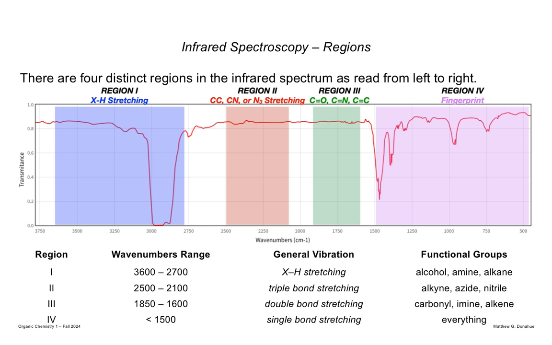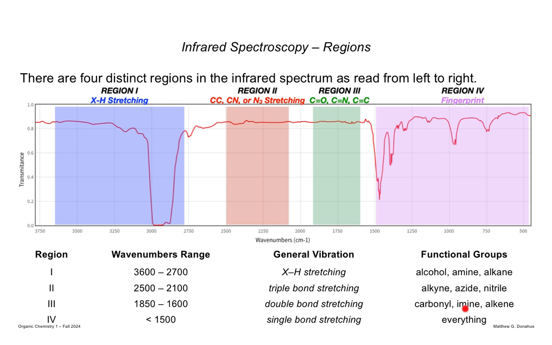Triple bond stretching in alkynes, nitriles. Azide was the N3 group that we saw in AZT. Region 3, 1850 to 1600. Double bond stretching, primarily just carbonyls.